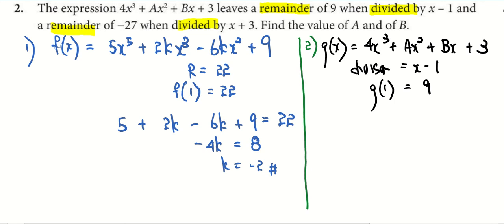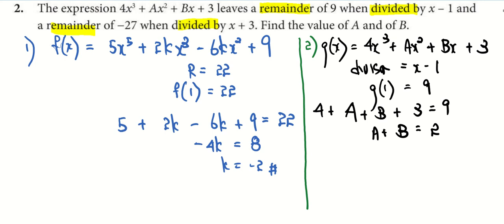Now put the value of x equal 1 into the polynomial. I cannot solve yet. A and B are two unknowns. But is there a second piece of information? Let us write out the second information.